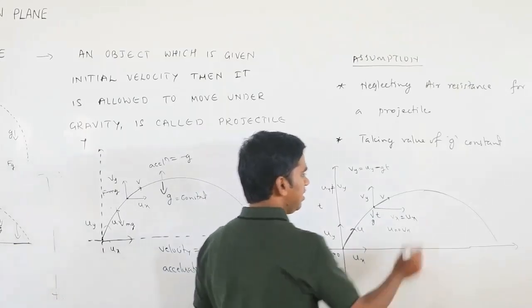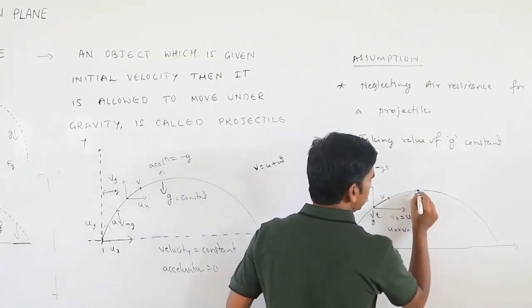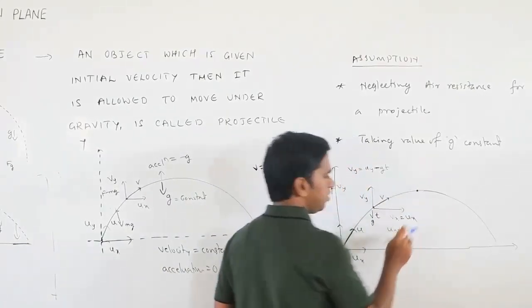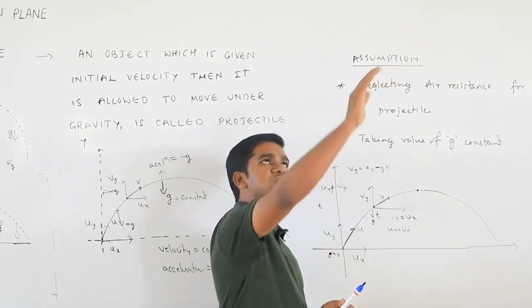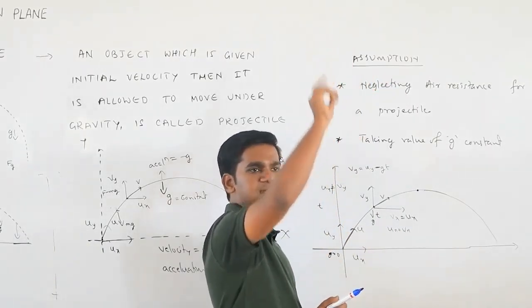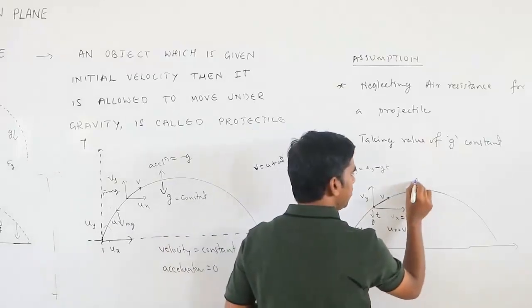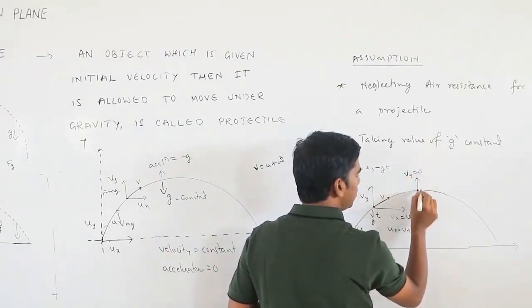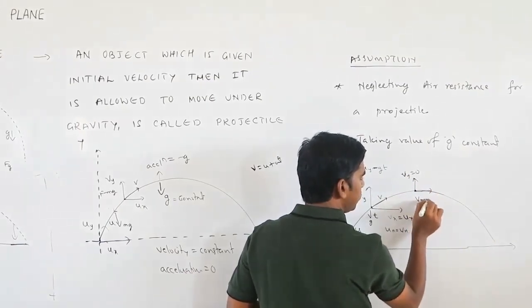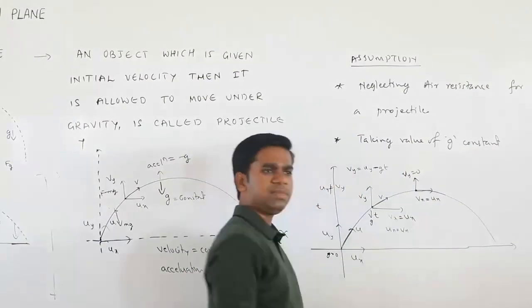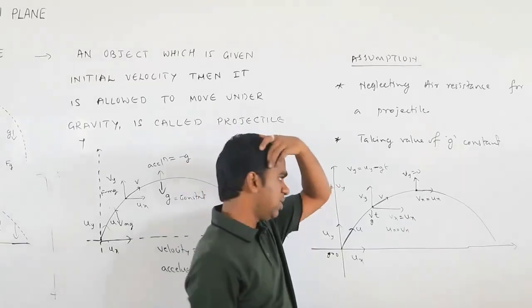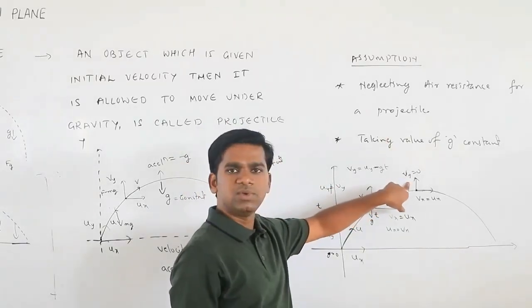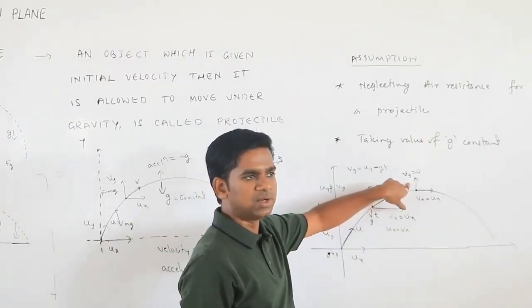Similarly, if you come to this point, what will happen here? When it is going over here, it is no more moving along the vertical direction. So vy will become 0. What about vx? Vx is again ux only. But vy is going to be 0.